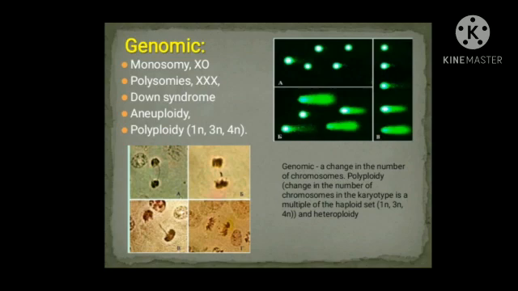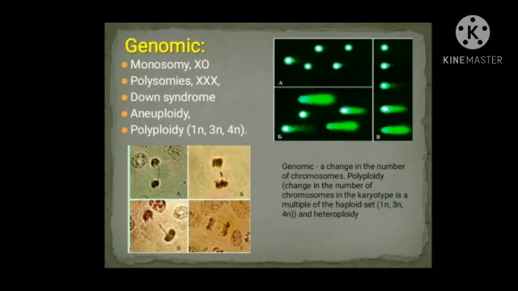Here we will speak about some types, for example when only one chromosome stays from every pair, such as X0, monosomy, or polysomy, when we can see in the karyotype more than 2, for example 3, 4 or 5 chromosomes from one pair. It may be trisomy, as in Down syndrome.